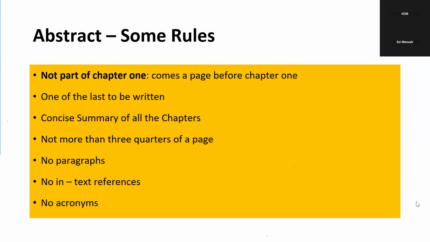The abstract is the last part of the thesis because you are writing it like an executive summary. So when you are about to hand in the work, you have to write in a block form, 1 page. 1 page, no paragraphs, no references, no acronyms.